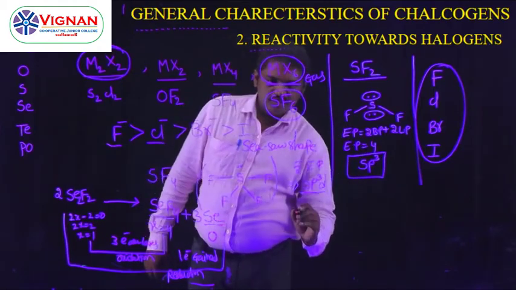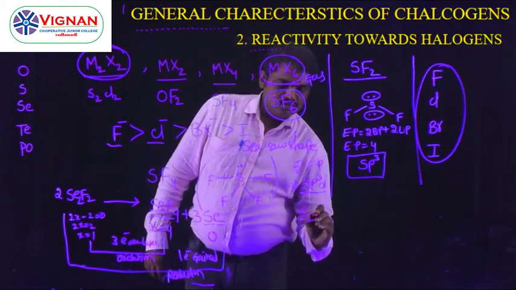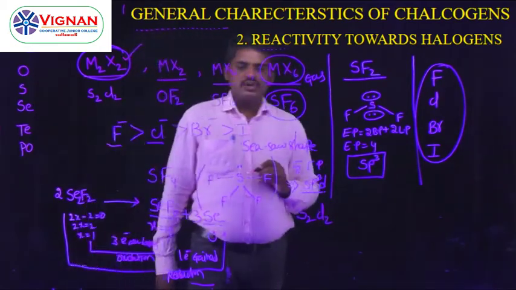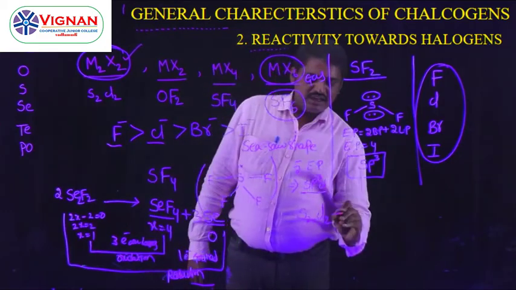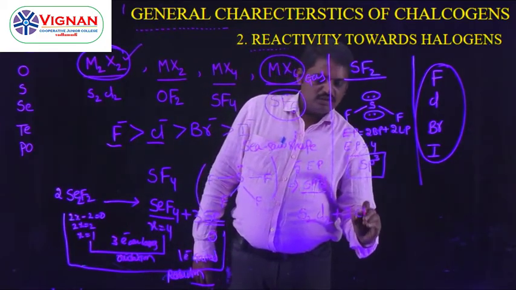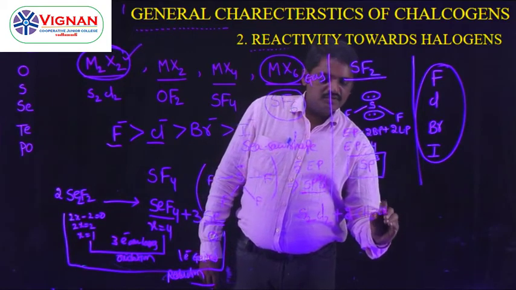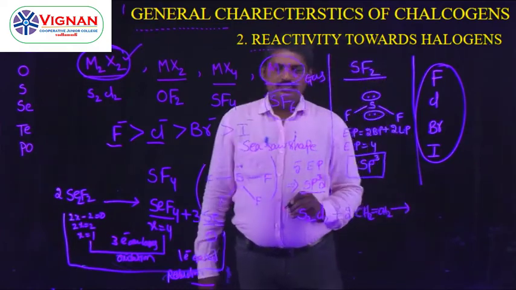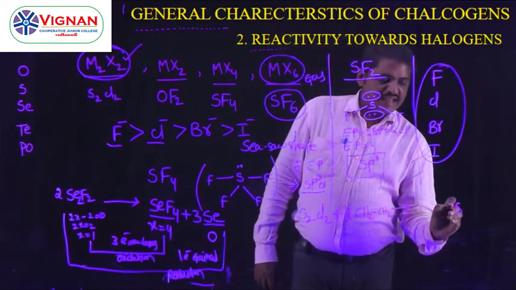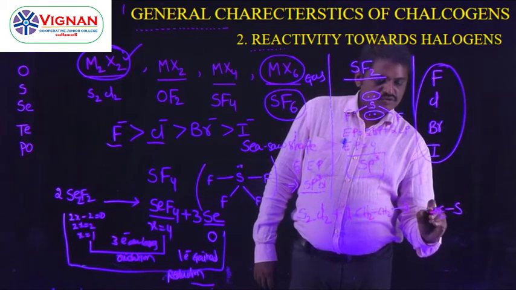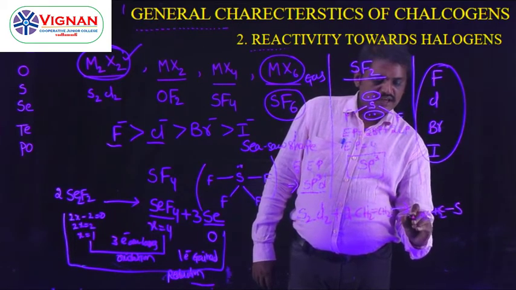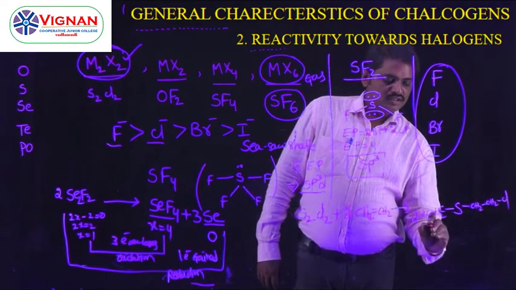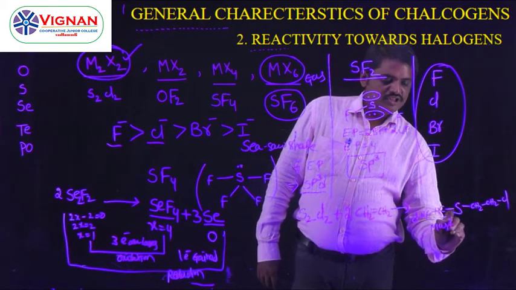For example, S2Cl2, which is also an M2X2 type of halide, reacts with ethene gas in a 1:2 ratio to produce mustard gas, CH2CH2Cl and CH2CH2Cl. This is known as mustard gas.